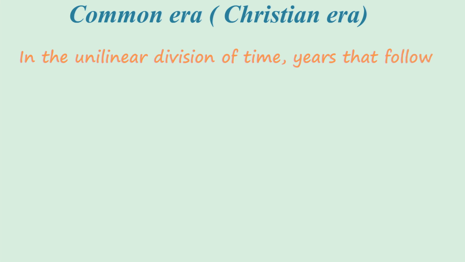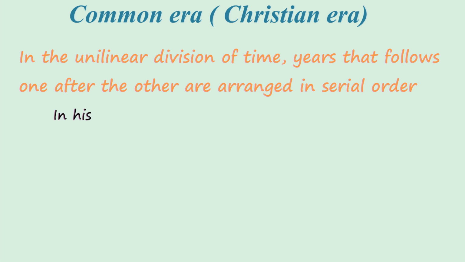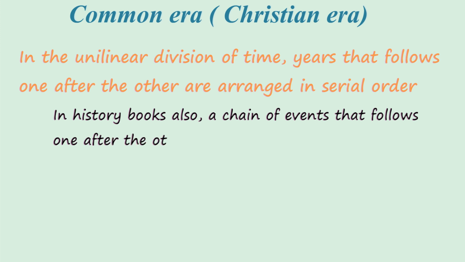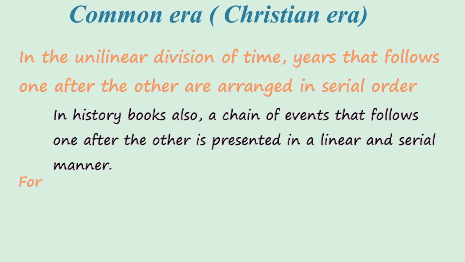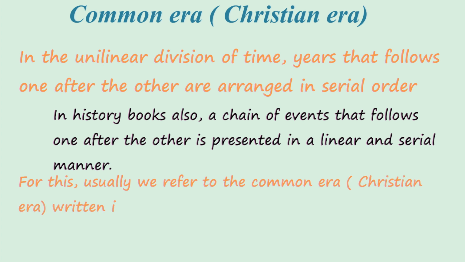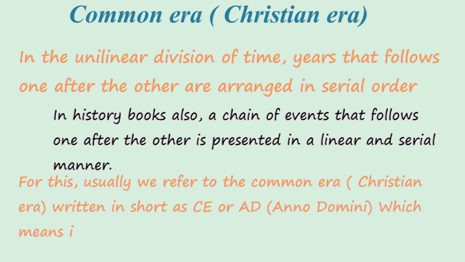Common Era, Christian Era. In the unilinear division of time, years that follow one after the other are arranged in serial order. In history books also, a chain of events that follow one after the other is presented in a linear and serial manner. For this, usually we refer to the Common Era, that is Christian Era, written in short as CE or AD, that is Anno Domini, which means in the year of our Lord.